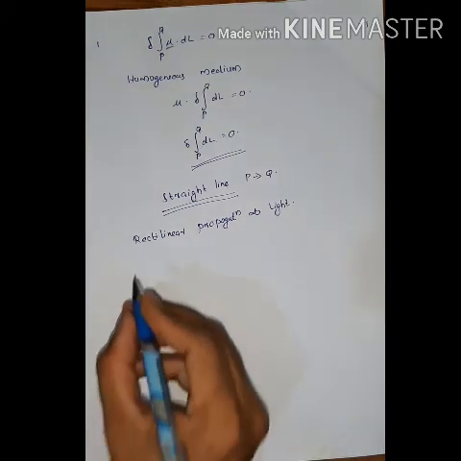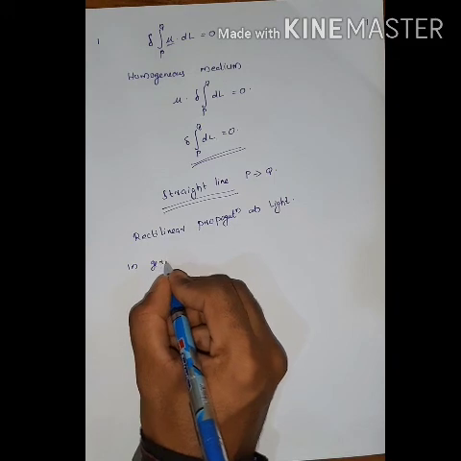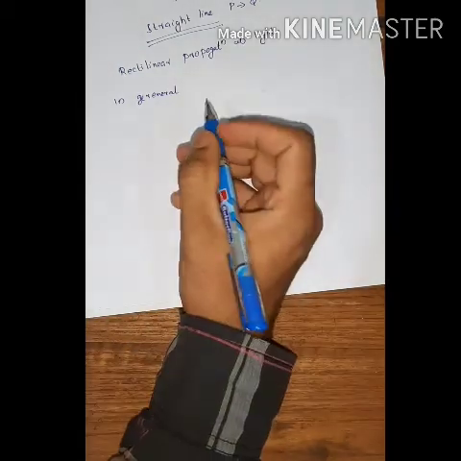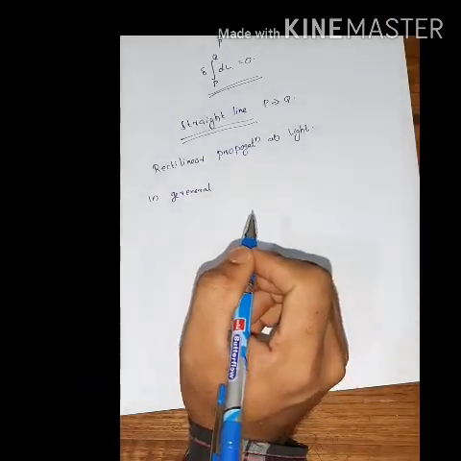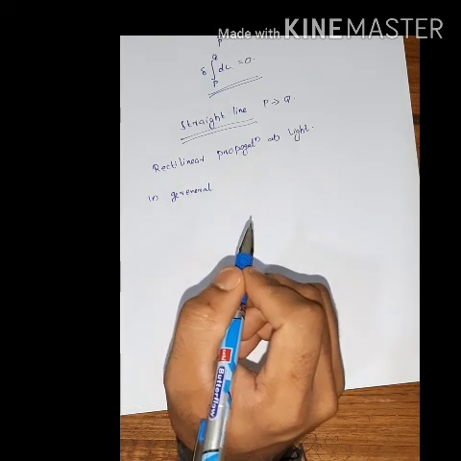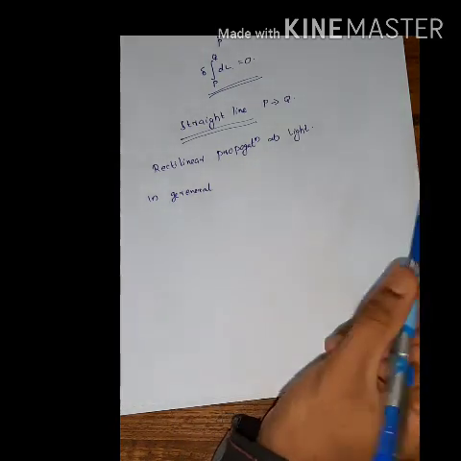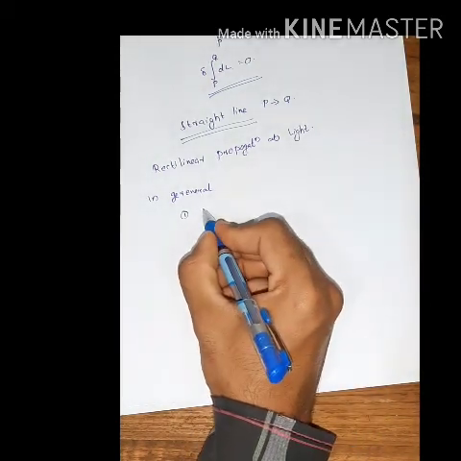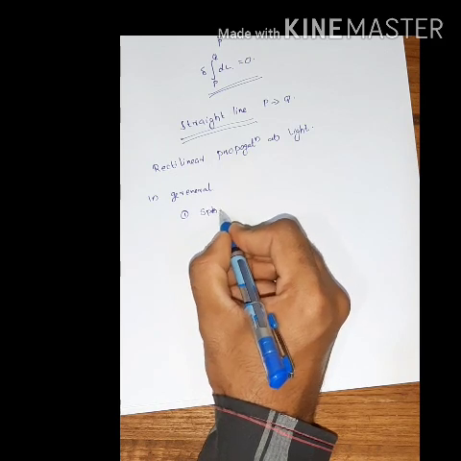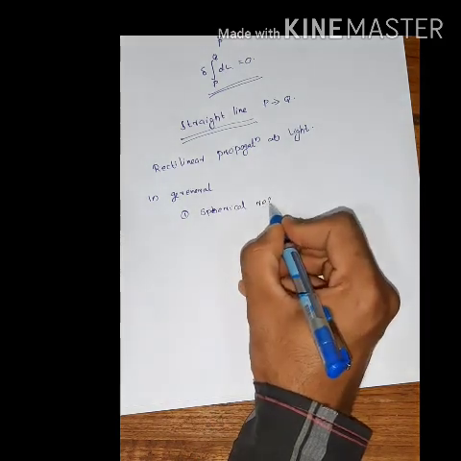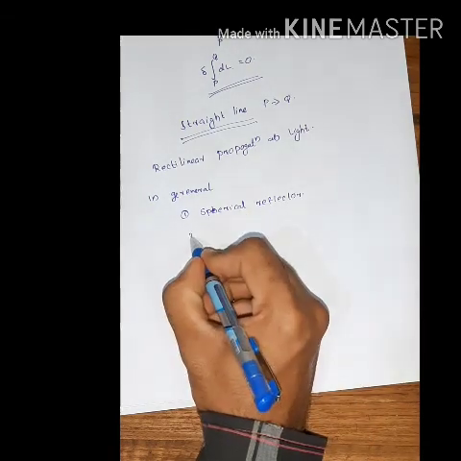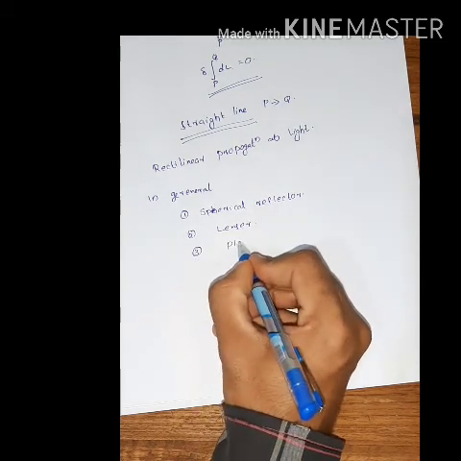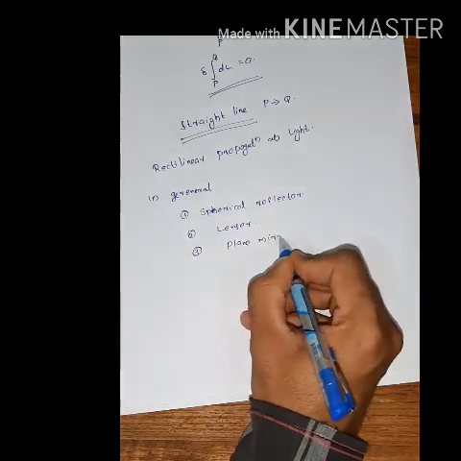But in our day-to-day life, we are familiar with a lot of optical devices which do not obey this Fermat's principle. That means we are familiar with spherical reflectors, lenses, and plane mirrors.